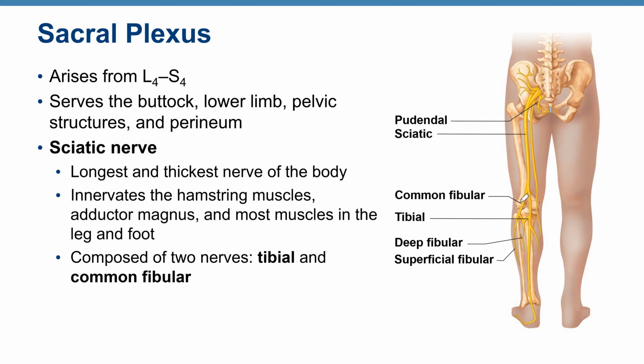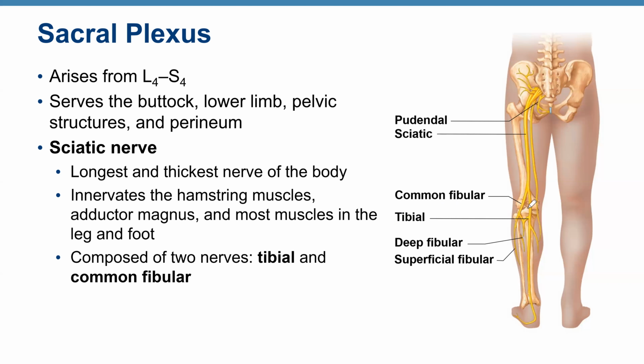And the sciatic nerve, when it approaches the popliteal region behind your knee, splits into two. One goes straight down, and it's the tibial nerve. And another branch is called the common fibular, because it goes to the lateral side. It goes to the lateral side and it's called the superficial fibular, and then it goes to the front, called the deep fibular.